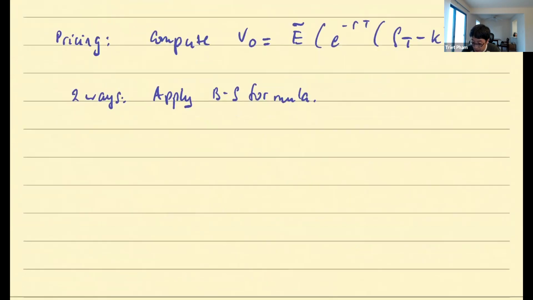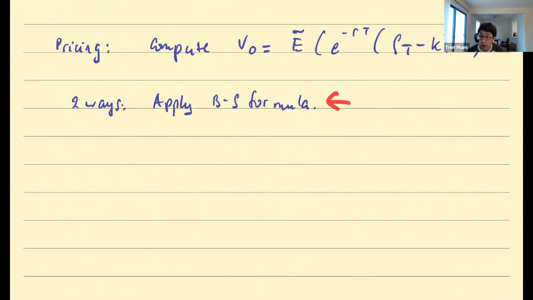But of course, do realize that for a simple product like a call option, yes, there's a Black-Scholes formula. But very soon you will see that if we move to an exotic option, like an Asian option or a look-back option, then something like the Black-Scholes formula is no longer available, because the expectation is much more complicated.